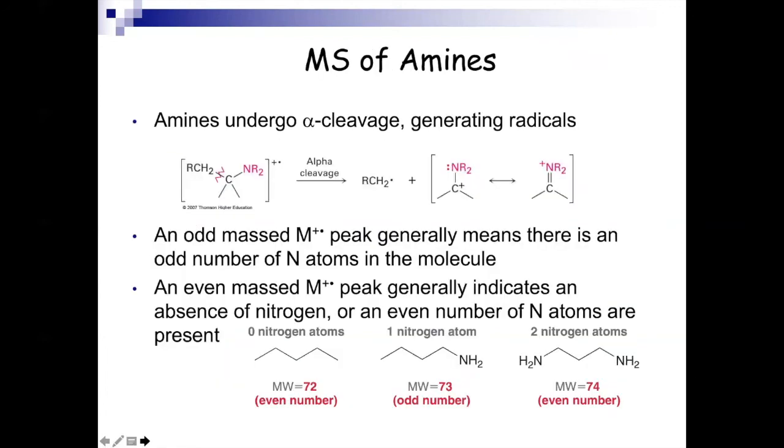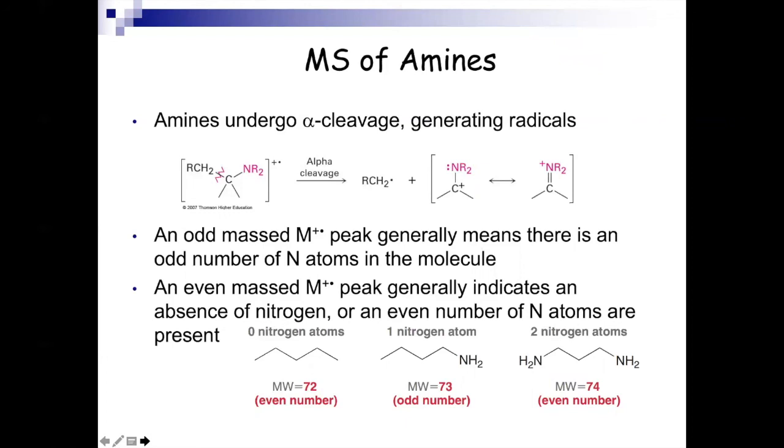If you look at mass spec of amines, again, we have that same kind of alpha cleavage. But I think something that's even more important to talk about with amines or nitrogens in general is if you have an M plus peak that is odd, then it means that it has to have a nitrogen, and it has only a single nitrogen or an odd number of nitrogens.